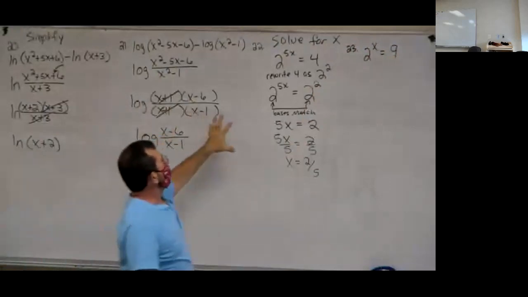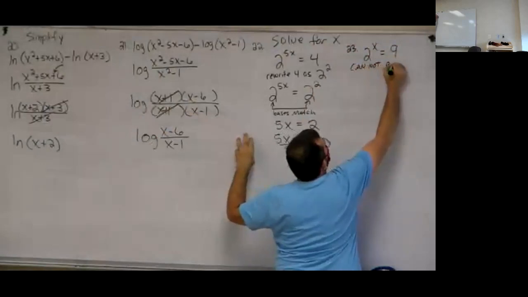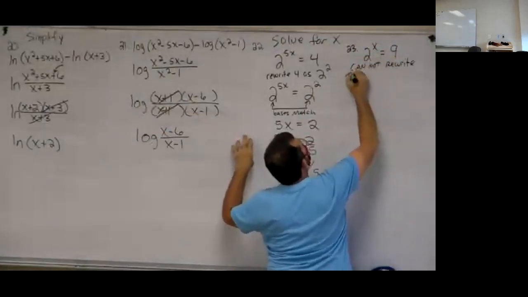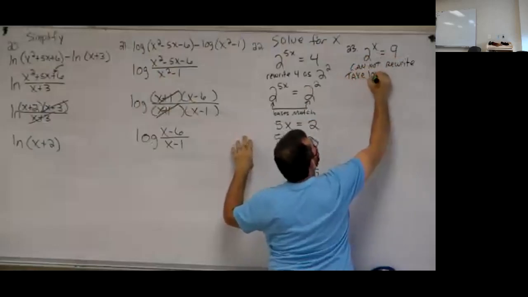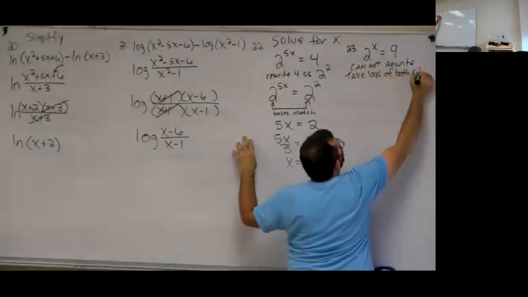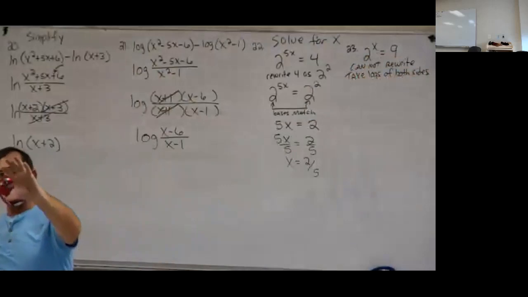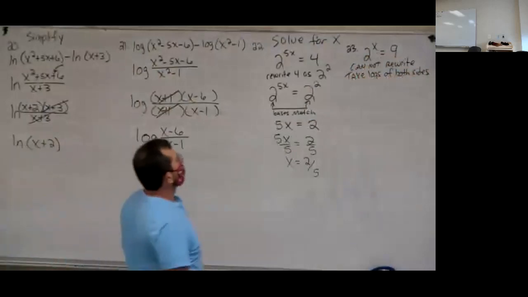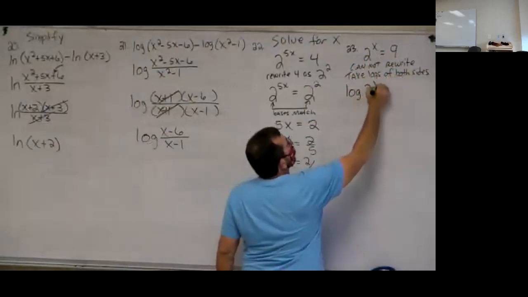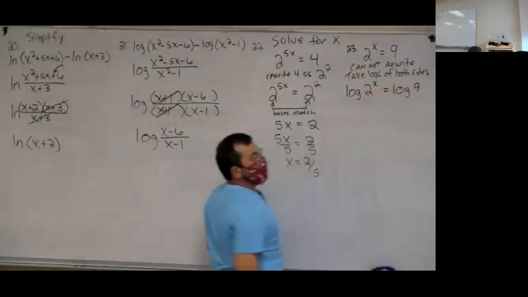So since you cannot rewrite, when you cannot rewrite it, you gotta take logs of both sides. Because taking logs is the only way I can get them exponents and bring them down, okay? So I got the log of 2 to the x is going to equal log of 9.